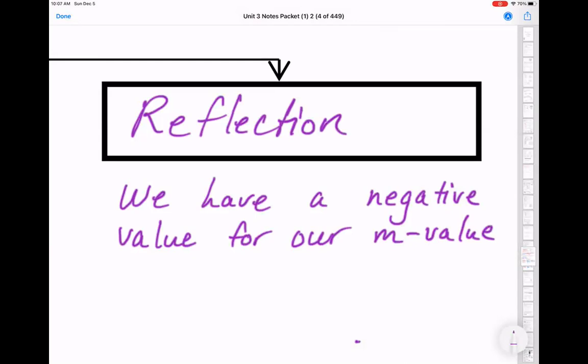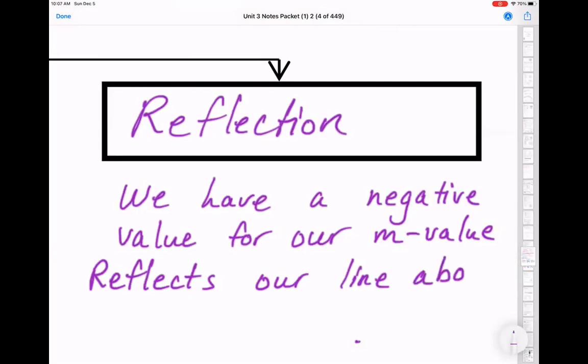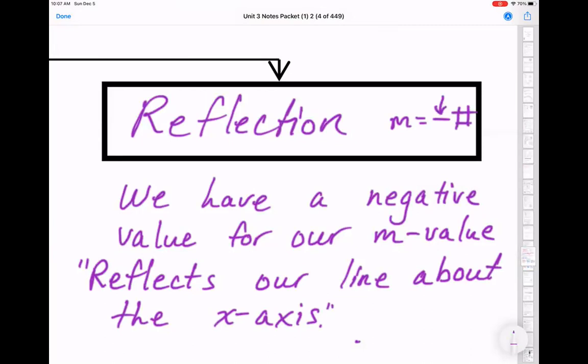Okay, and what happens, the technical, mathematical term, is it reflects our line about the x-axis. So that's the reflection happening. So that's where M is pretty much some negative number. The negative is what's causing that reflection to occur.